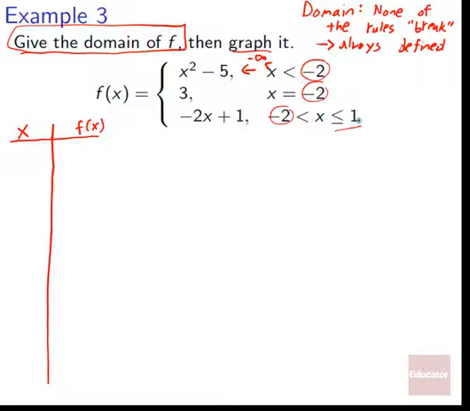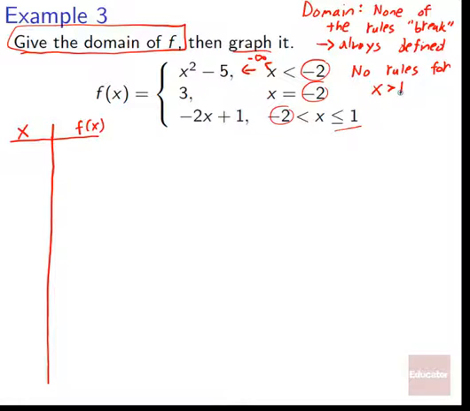Is there any rules for what happens if x is greater than 1? No, we don't have any rules. We've got x is less than -2, x equals -2, and -2 is less than x, which is less than or equal to 1, but we don't have any rules for when x is greater than 1. So no rules for x greater than 1 means that f fails to tell us what to do with this input if we plug in something that's greater than 1.